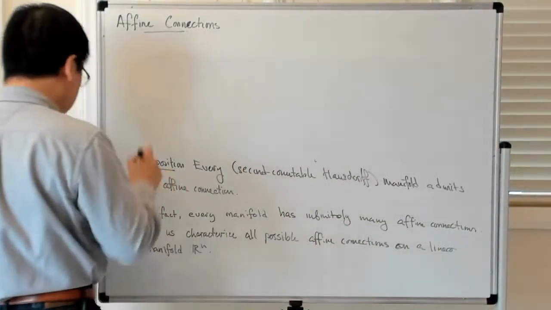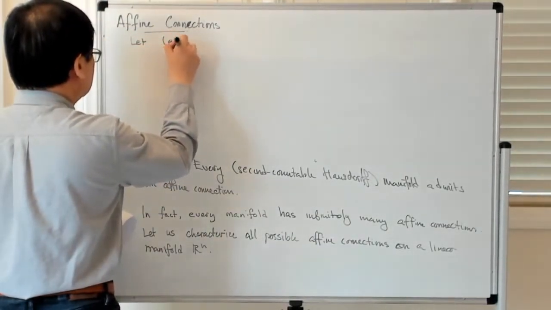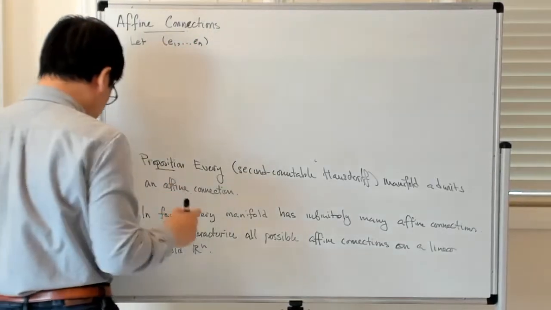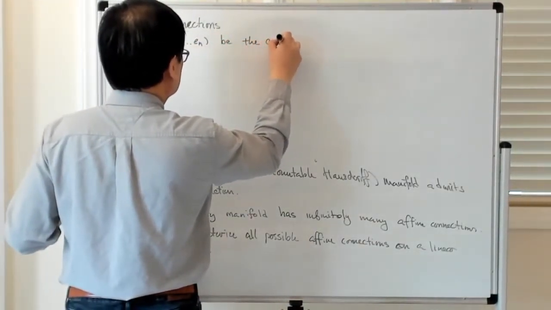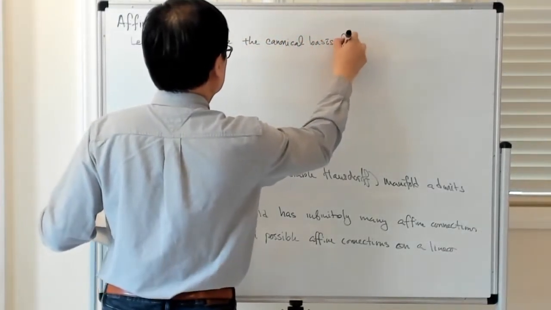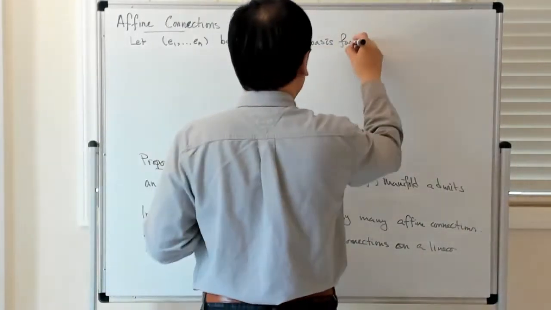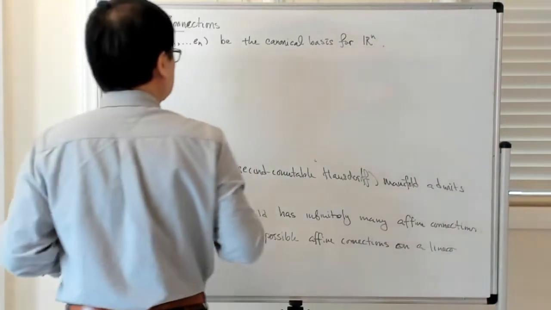Okay. So let e1 to en be the canonical basis of Rn.